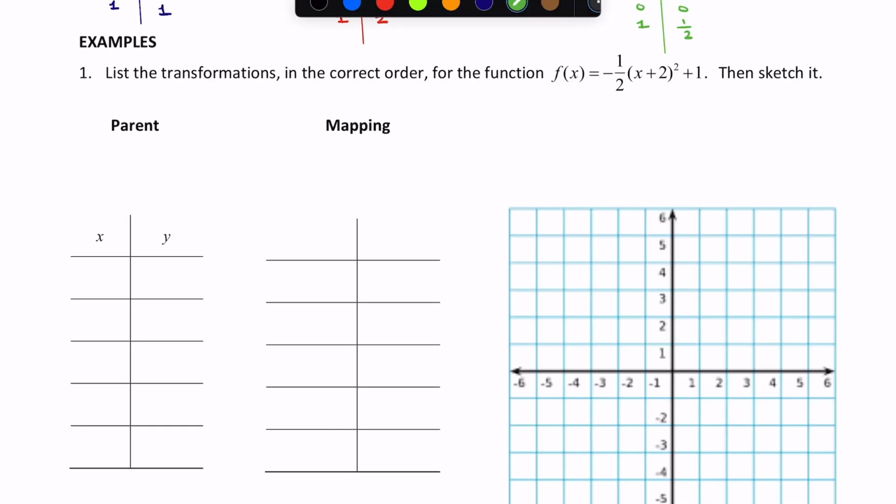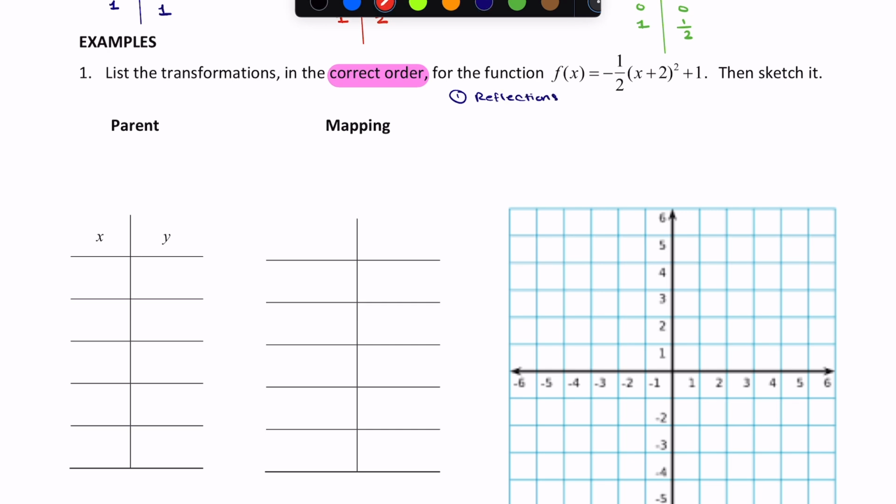So here, this example says list the transformations in the correct order for the function f of x is equal to -1/2 (x plus 2) squared plus 1. Okay, so when we list the transformations, it's always going to be first, any reflections that occur.